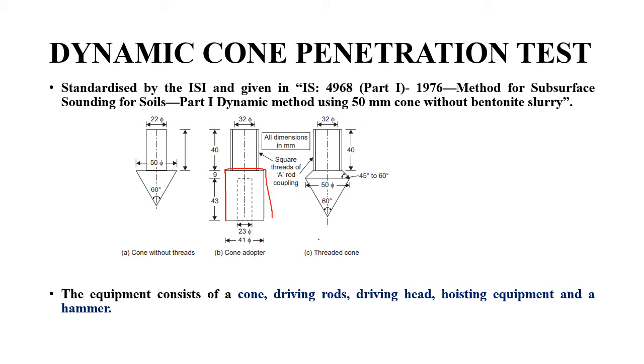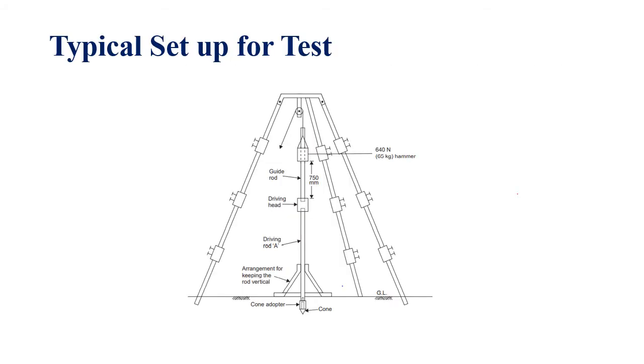So the equipment used for this dynamic cone penetration test consists of a cone either without thread or a threaded cone, then driving rods, then driving head, hoisting equipment and a hammer. So this figure here shows the typical setup for the dynamic cone penetration test.